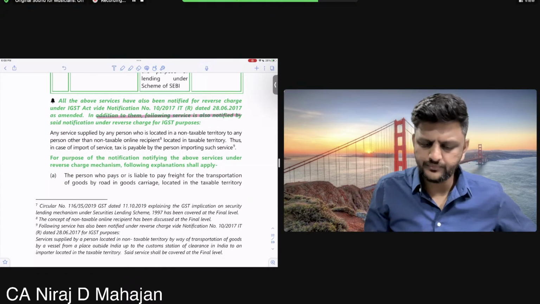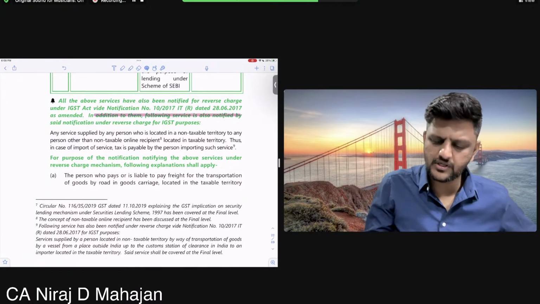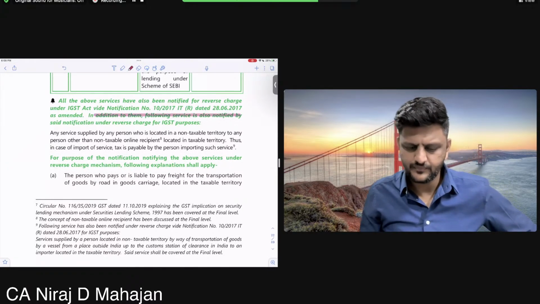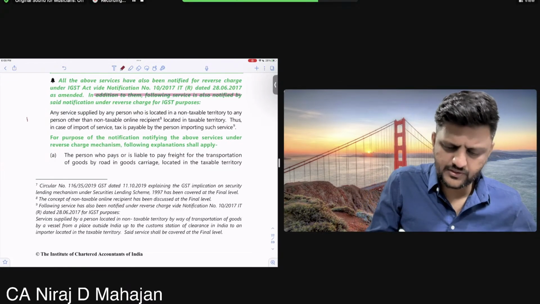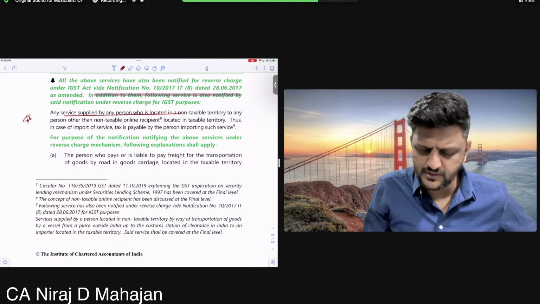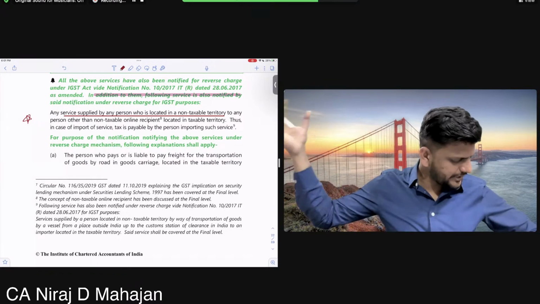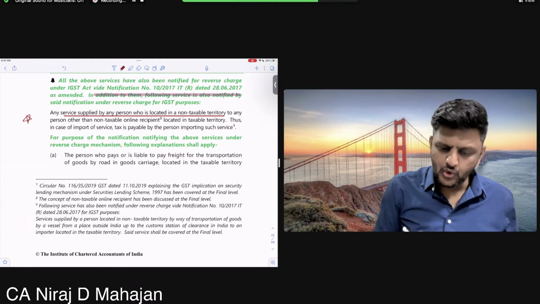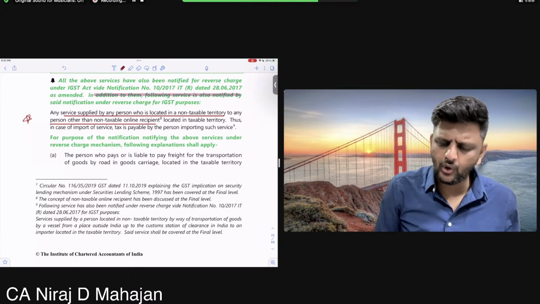The following services are also notified by state notification under reverse charge for IGST purposes. Any service, pay attention, supplied by any person who is located in non-taxable territory outside India to any person other than non-taxable online recipient.